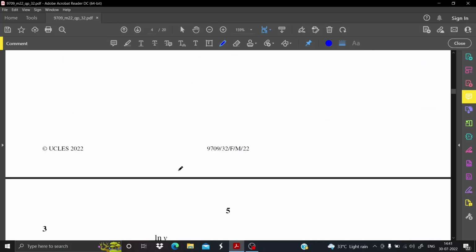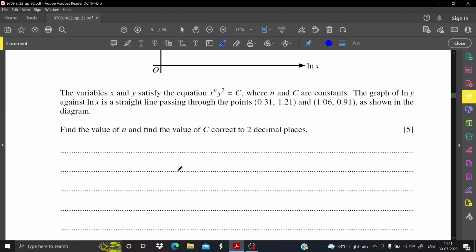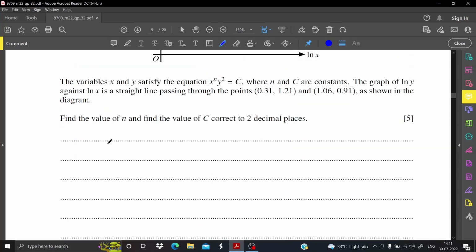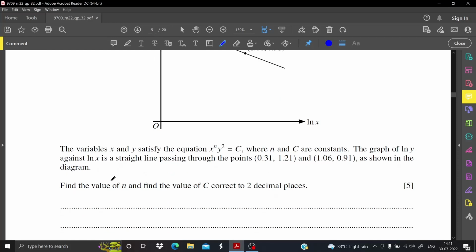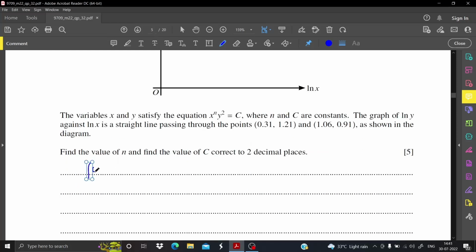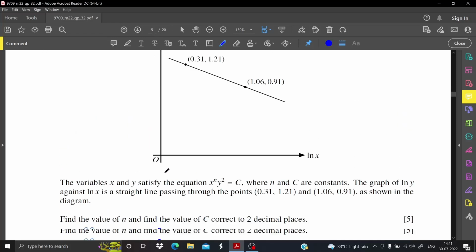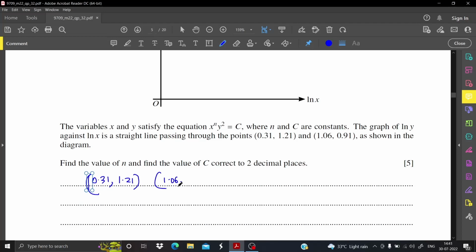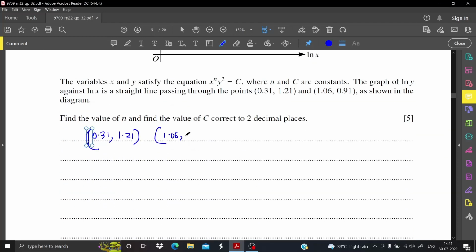So let's move on to question 3. Let's make a note of the 2 points. The 2 points are 0.31 comma 1.21, and the other point is 1.06 comma 0.91. Now what is given is x power n y square equal to c.